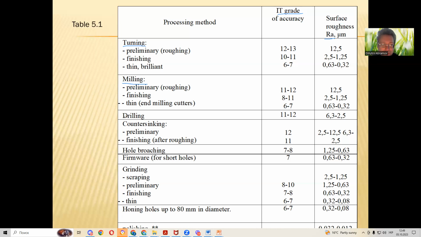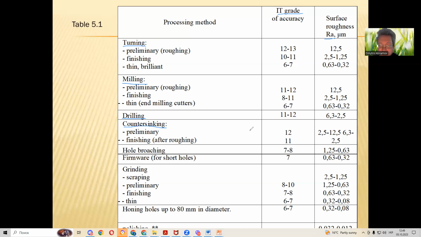Drilling. For drilling, IT grade of accuracy will be 11 or 12, and surface roughness will be from 6.3 to 2.5 microns. Countersinking.